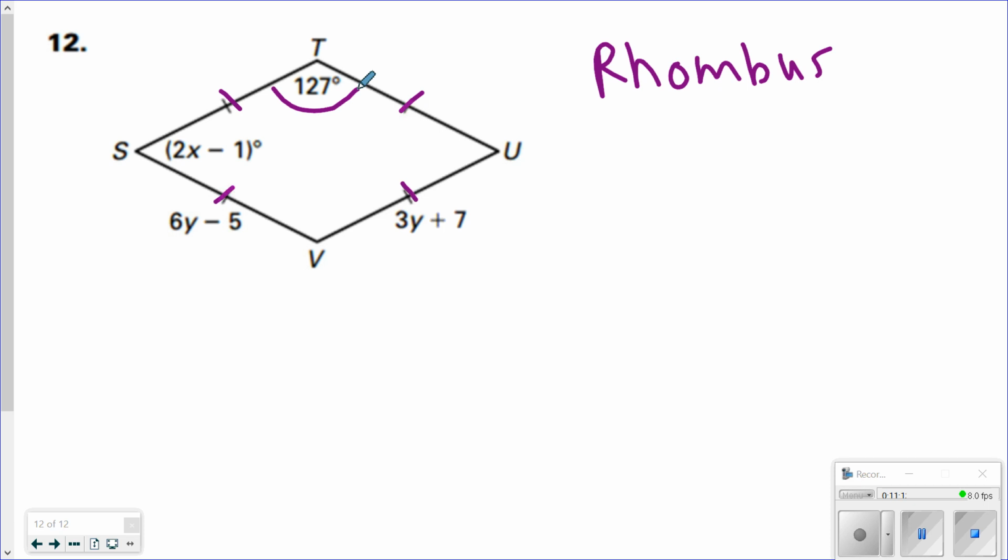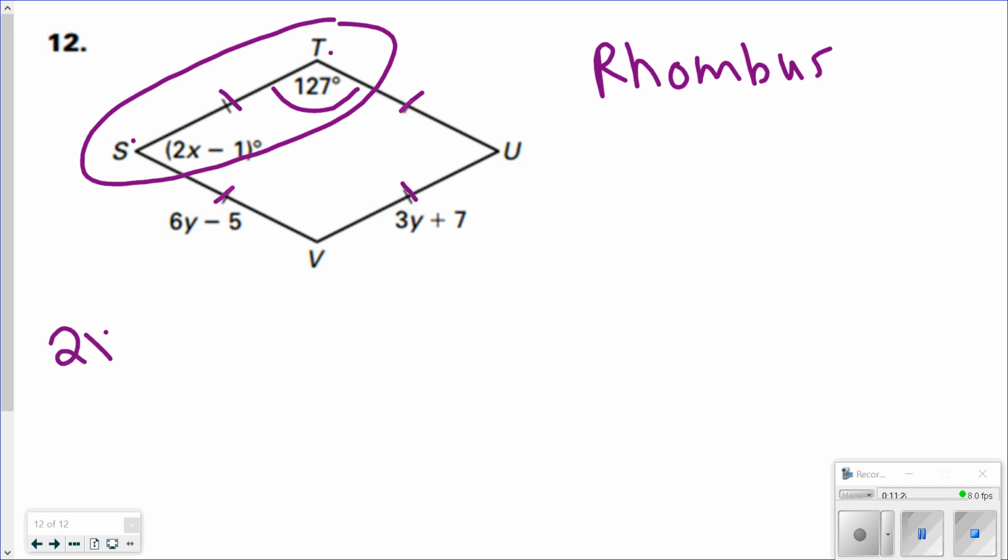All right, so let's solve for x and y. So let's remember that the definition of a parallelogram is that your consecutive angles, which would be s and t for this example, are supplementary to each other. So that means I'm going to take 2x minus 1 plus my angle t, which is 127, and I'm going to set that equal to 180.